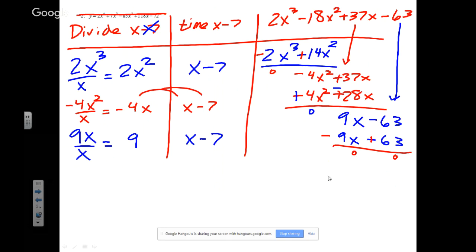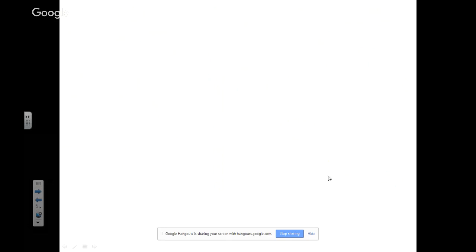Are you ready? All right, so the answer to this, we now have to work with. Okay, so we get 2x squared minus, what was it, minus 4. How can I find the zeros of that?